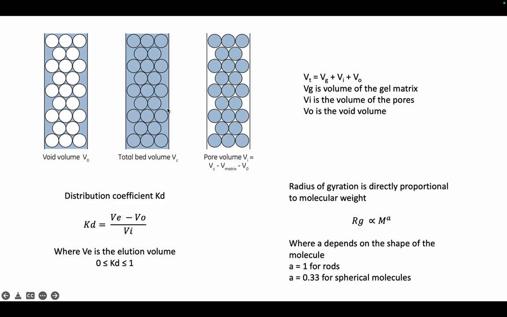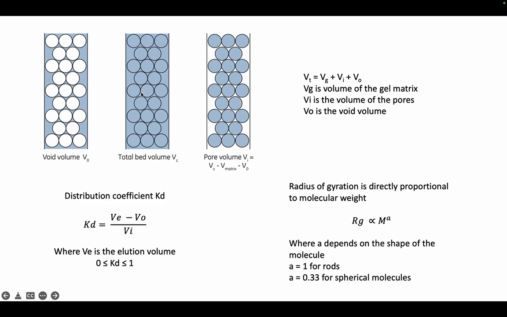You even have this space between the beads, which is empty. This is not part of the solid phase itself. This is part of the mobile phase, and this is something called the void volume. So all this portion in blue, which is excluded from the beads, is called the void volume.